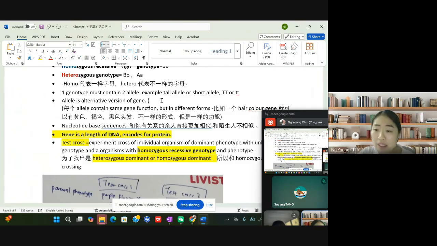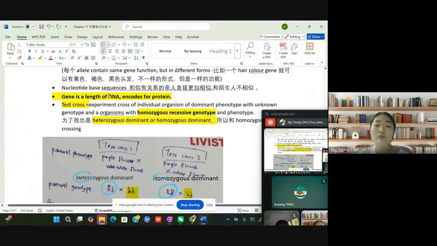For example, one hair color gene, you can have different colors: yellow, brown, black, but they all belong to the same hair color gene, which carries the same function. And if you refer to the nucleotide base sequence, your sequence is always very similar to your parents, but a bit different compared to your friends or relatives. So this is called sequence.